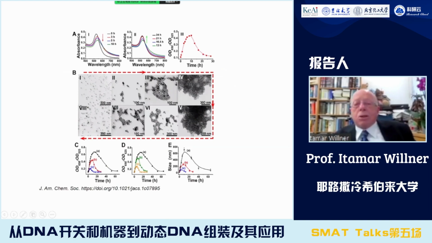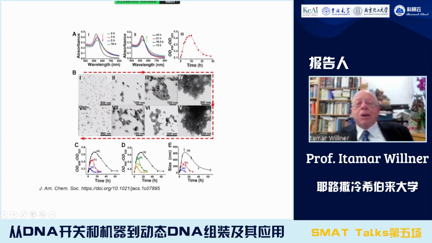This is exactly what happens. You can see here the spectral changes that are occurring as a result of aggregation and deaggregation. This is the spectral plasmon changes that show you aggregation, deaggregation. You can see at time intervals how the aggregation process proceeds by TEM imaging of the system.